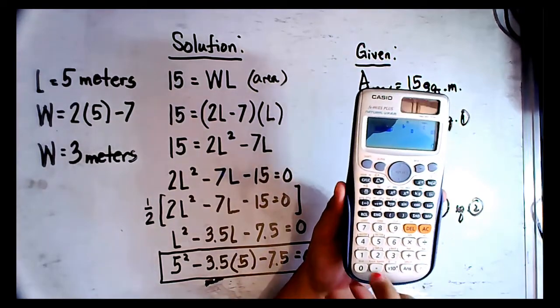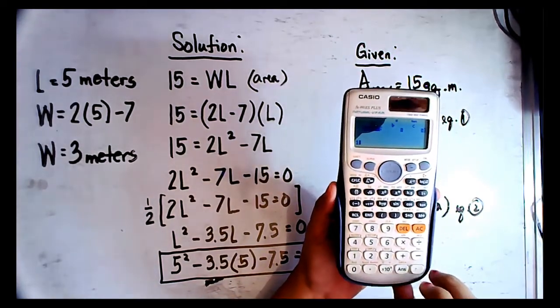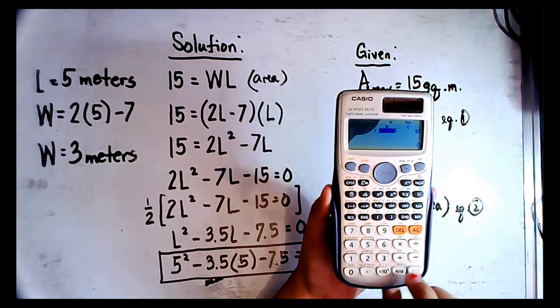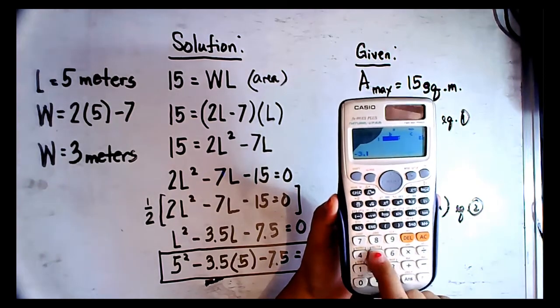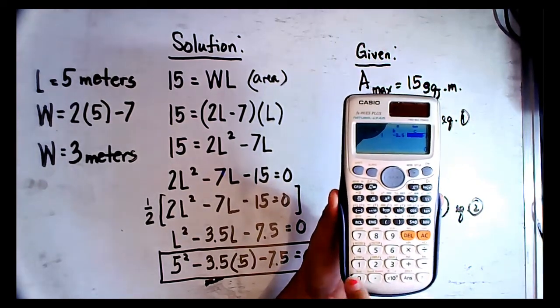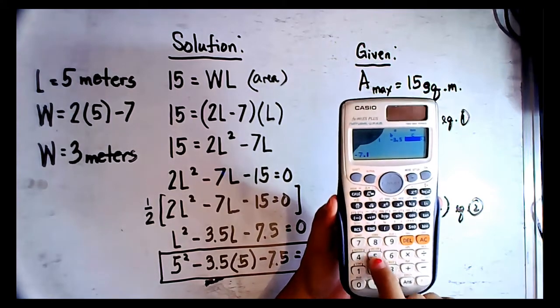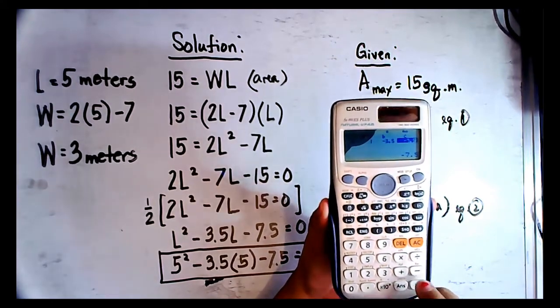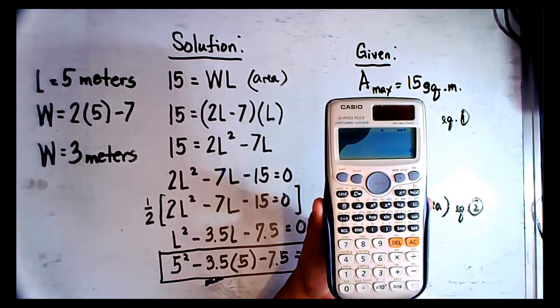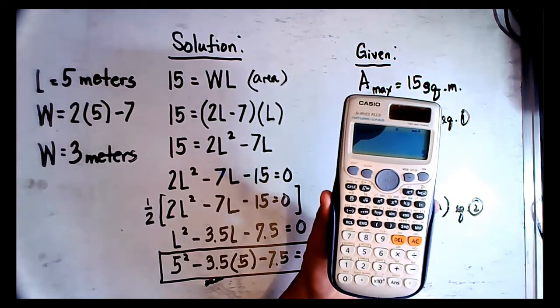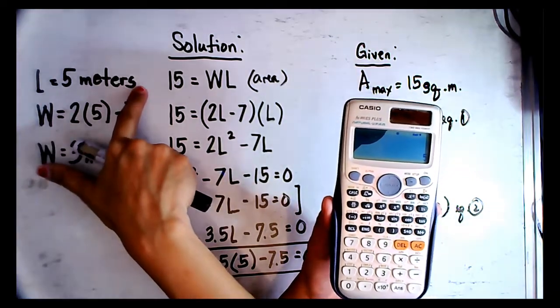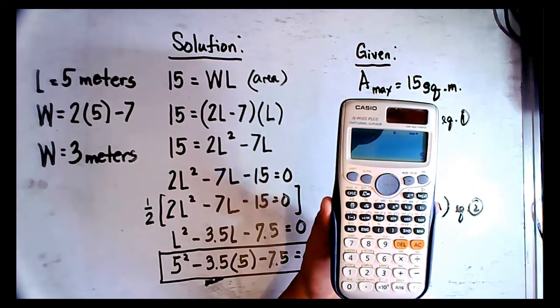The value for A will be 1, the value for B is negative 3.5, and the value for C is negative 7.5. So take note that, again, the answer is equal to 5, which we have here as the answer.